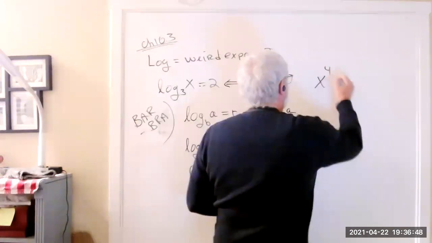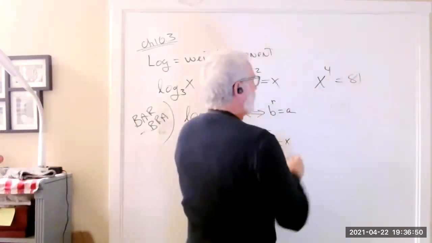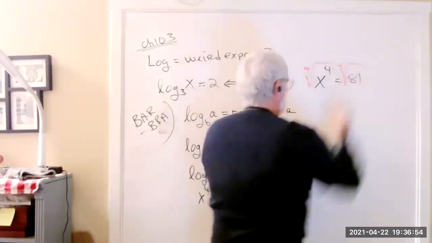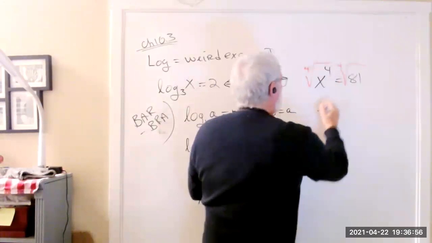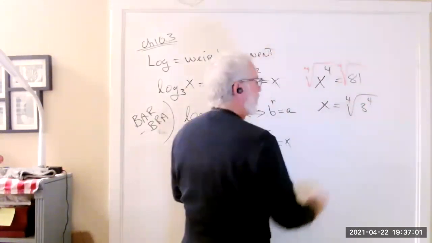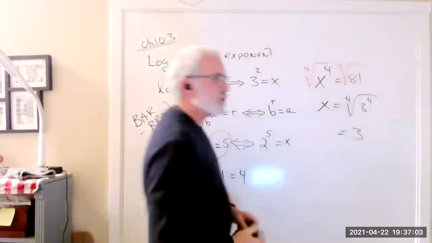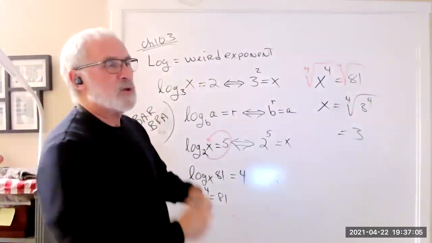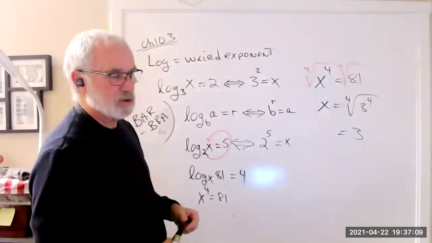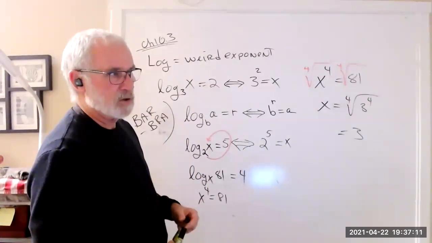For example, if you have x to the 4th equals 81, and you take the 4th root of both sides, you get x equals, the 4th root of 3 to the 4th power is 3. You can get an answer. Now, maybe you guys wouldn't have seen it right away, but we got a couple weeks of practice on this stuff.